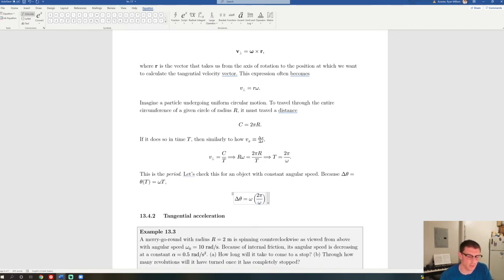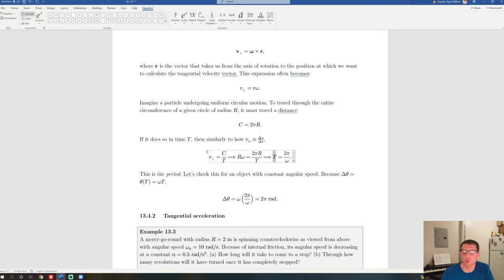And so we see delta theta in this case is 2 pi radians. And this tells us that it means exactly what we think it means, which is that it's the amount of time for an object to basically undergo one complete revolution. Okay.